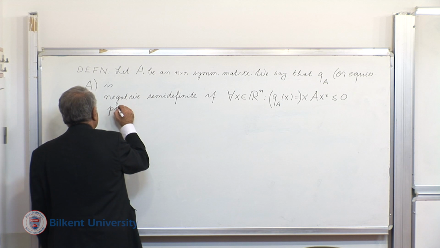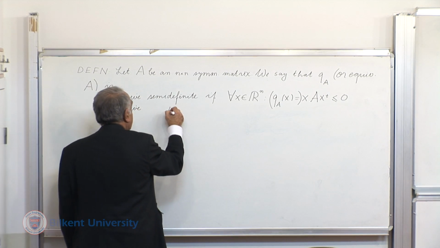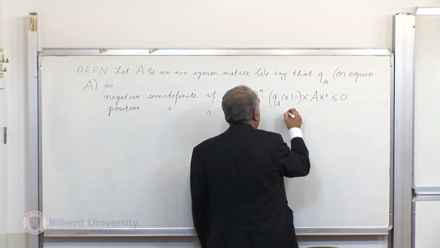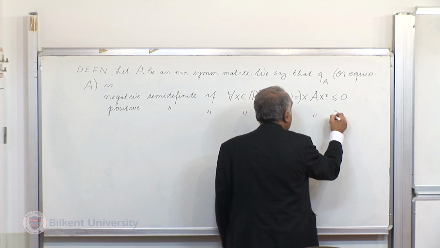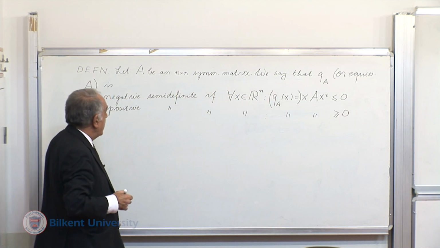We say that it's positive semi-definite if for all x in Rn, this is larger than or equal to 0.